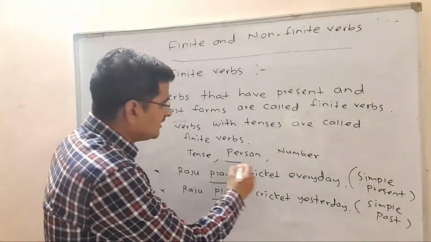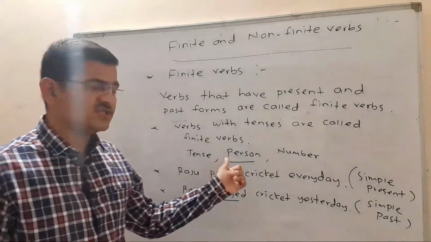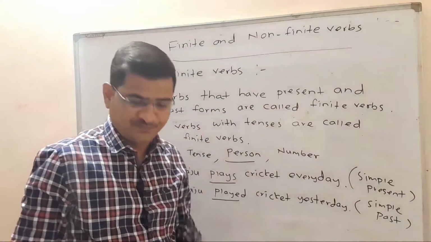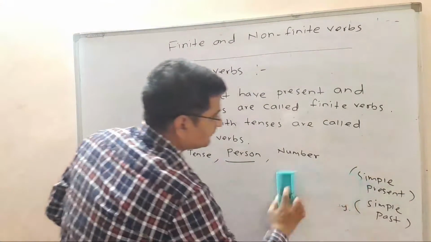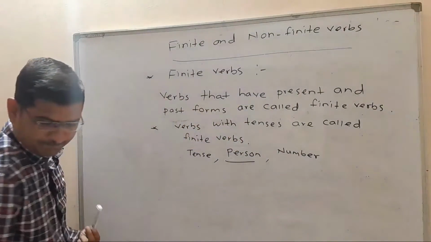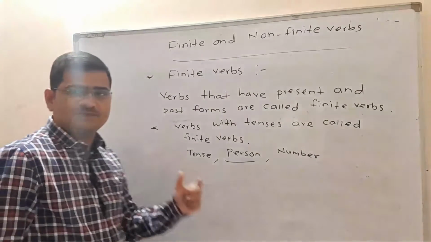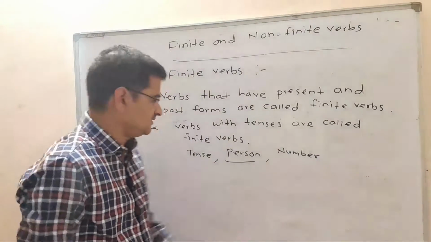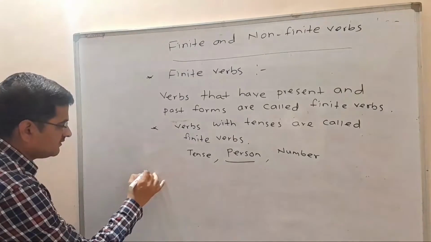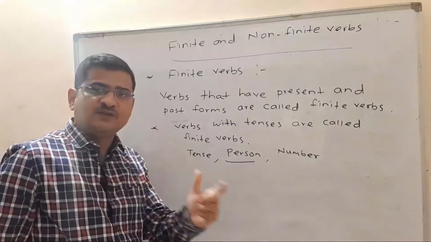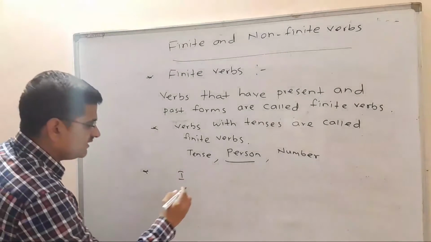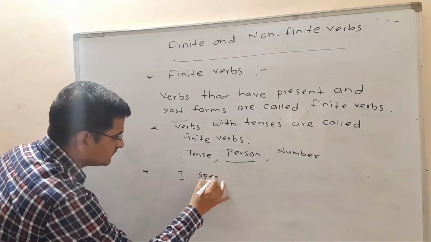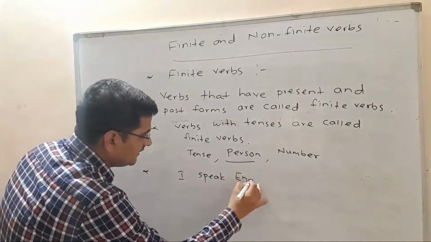Now we will see how the verbs change according to the person. See here, please have a look at the board. Person. Okay, first person, second person, third person. So I will use first person singular I as the subject here. I speak English.